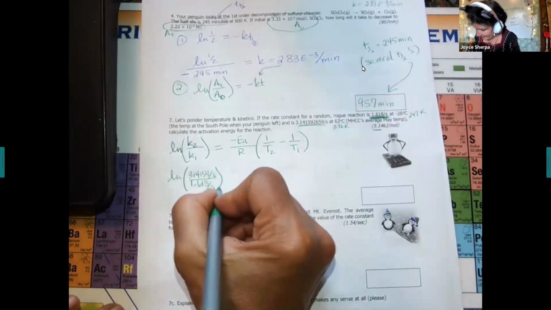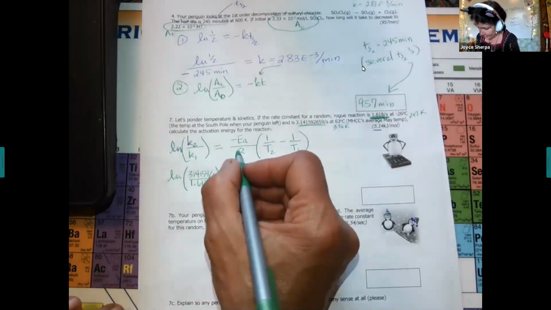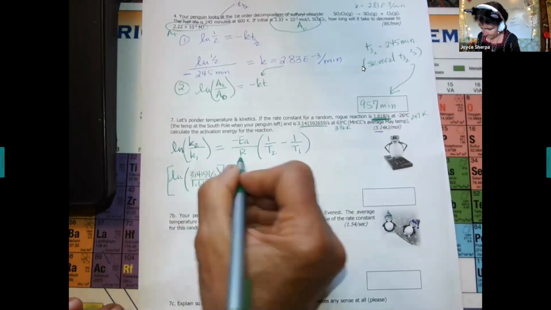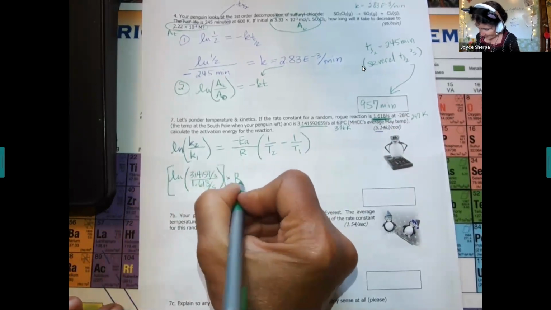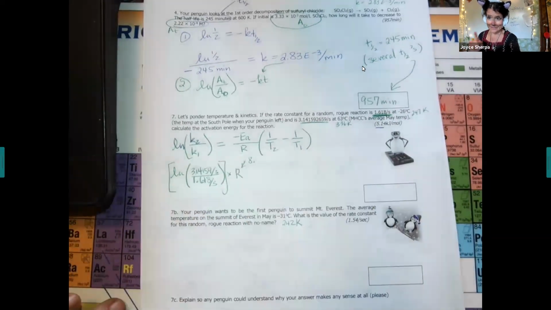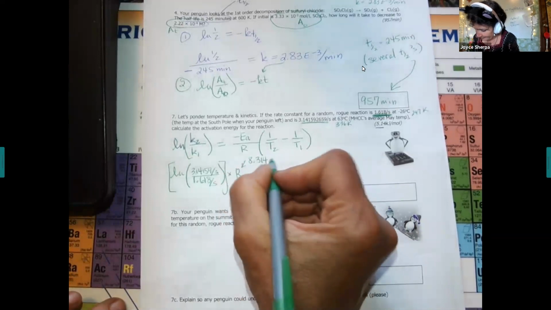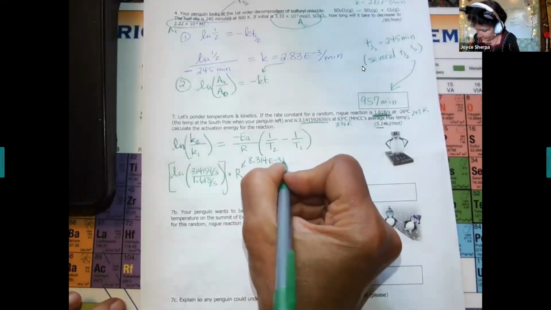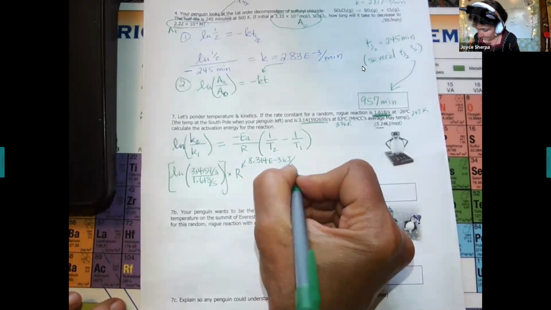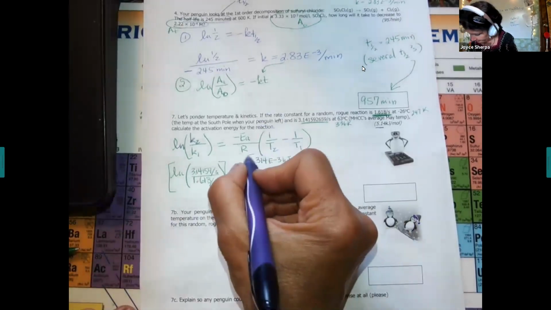So, all right, natural log of that, we're going to have to move the R over. So we're going to multiply by R. And this R is a new R because we're working in joules. So it's 8.314 e to the negative 3 kilojoules per mole K. So that's our new R.